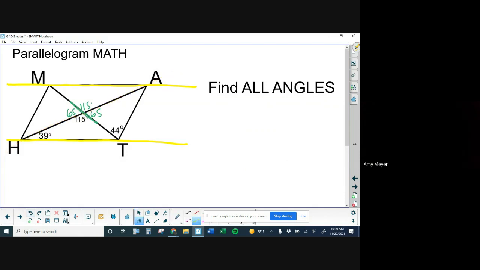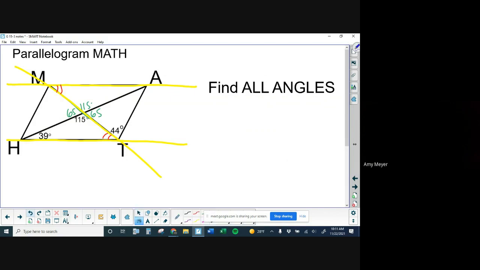If I would have picked this transversal, I know that these angles are going to match. I don't have a number for those. The 44 don't quite line up, but it will. You'll see why in just a second. I'm going to come back to that. You can mark these alike, though. We know they will be.